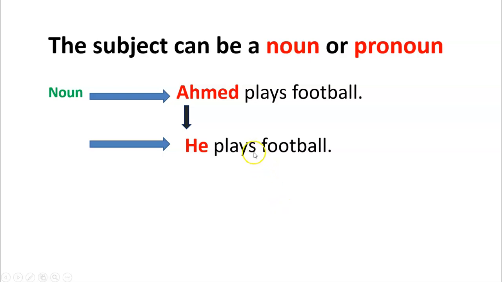But still I have to follow the same rule. He plays. There is an S here. As well as this one. So here Ahmed is a noun. But here, when I say he plays, it is a pronoun. Anyways, if you find the subject as a noun or as a pronoun, it does not change.